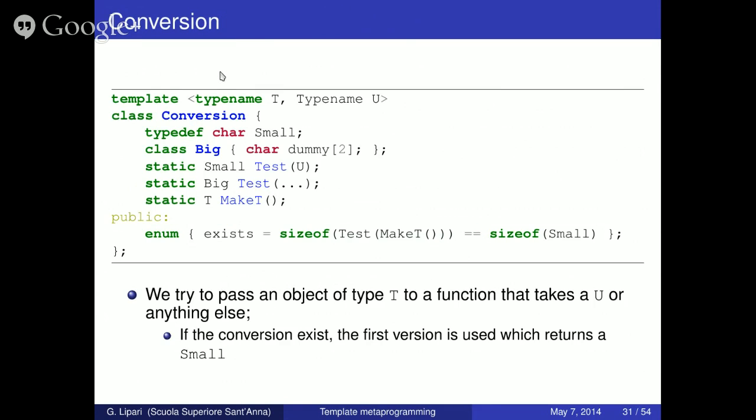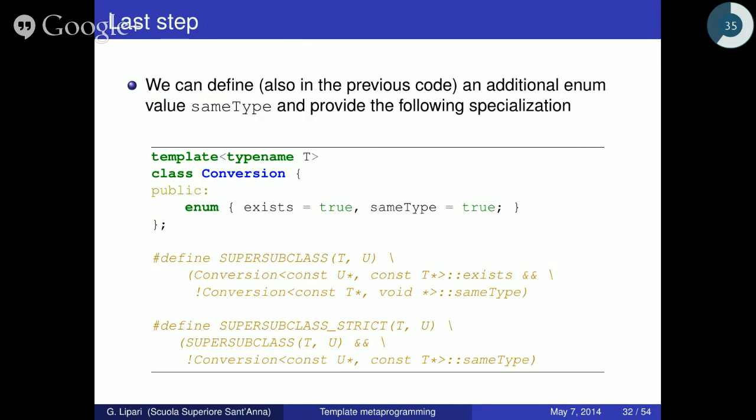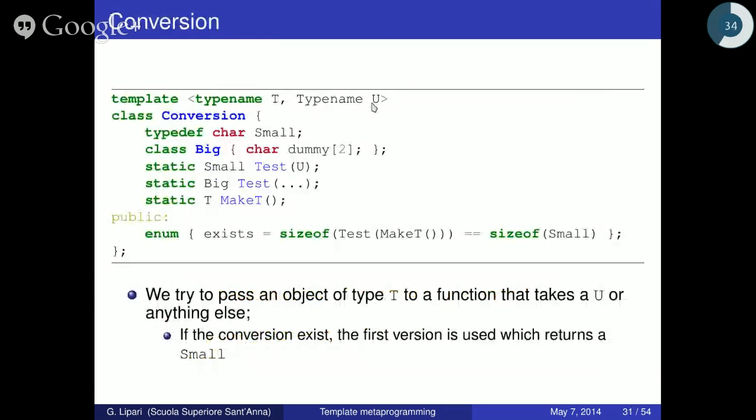And now we are going to write our conversion mechanism. So as often happens in metaprogramming, we are going to write a class which contains nothing but the mechanism used by the compiler for doing the conversion. So this class needs to check if T is a base class of U. Okay?